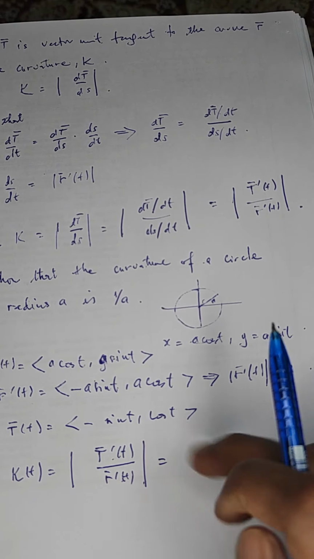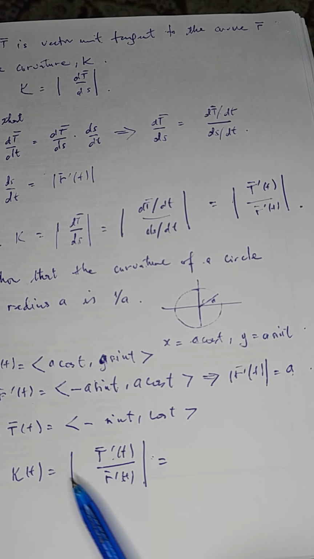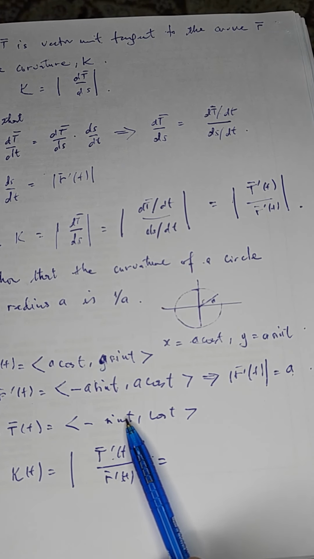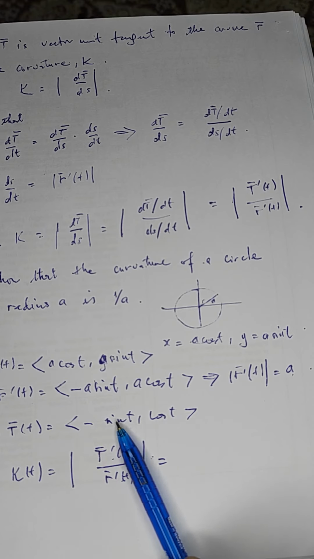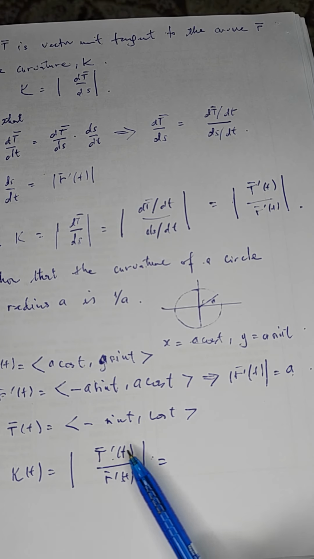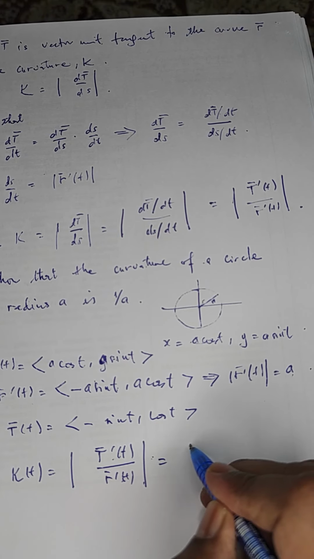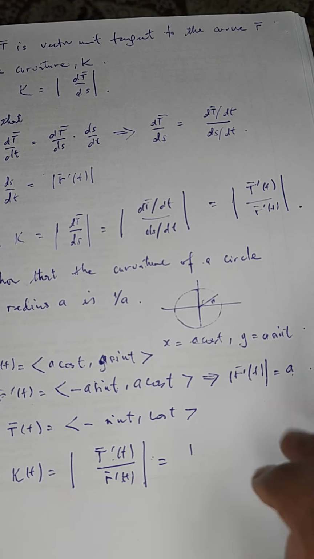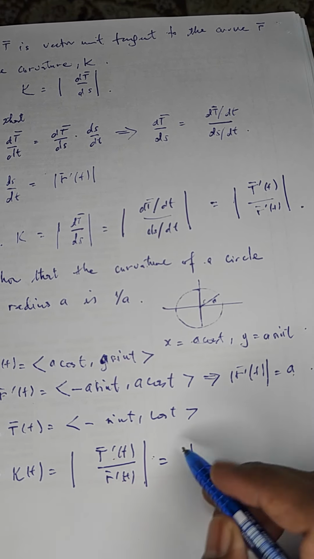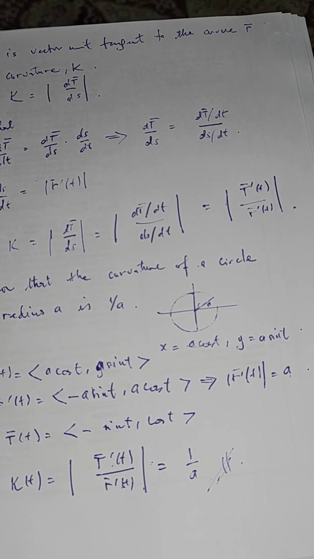If you differentiate this, T' is (-cos t, -sin t), and we take the magnitude of those, that gives you 1, and the magnitude of r' that we obtained earlier is a. So therefore we obtain the required result.